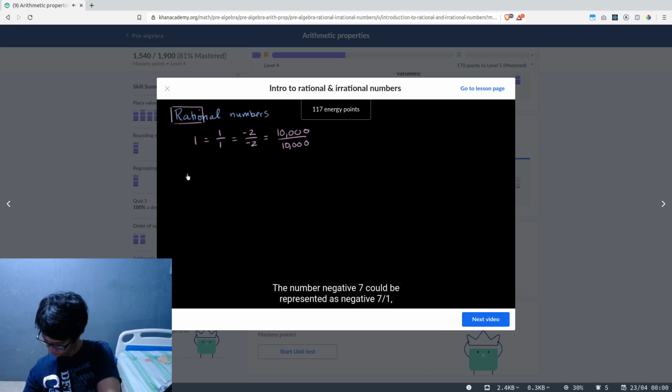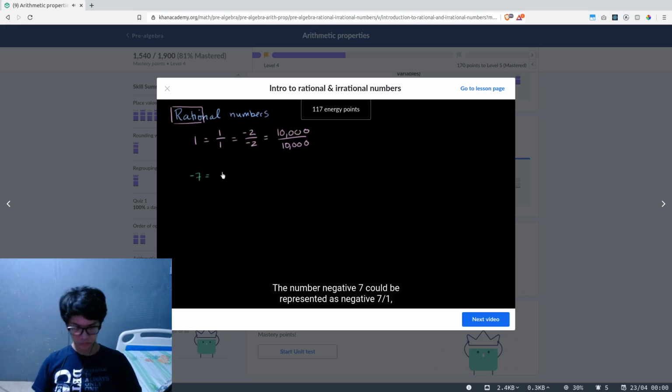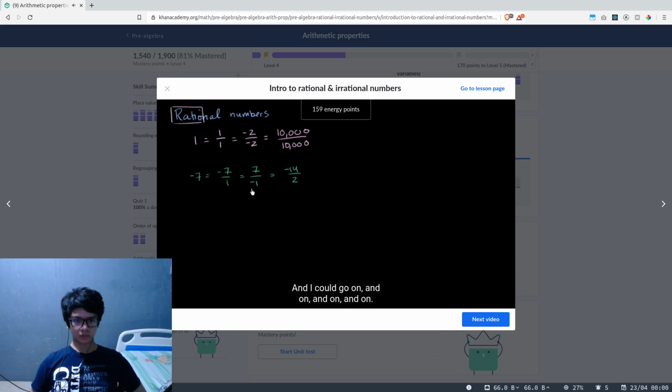The number -7 could be represented as -7 over 1, or 7 over -1, or -14 over +2, and I could go on and on. So -7 is definitely a rational number. It can be represented as the ratio of two integers.